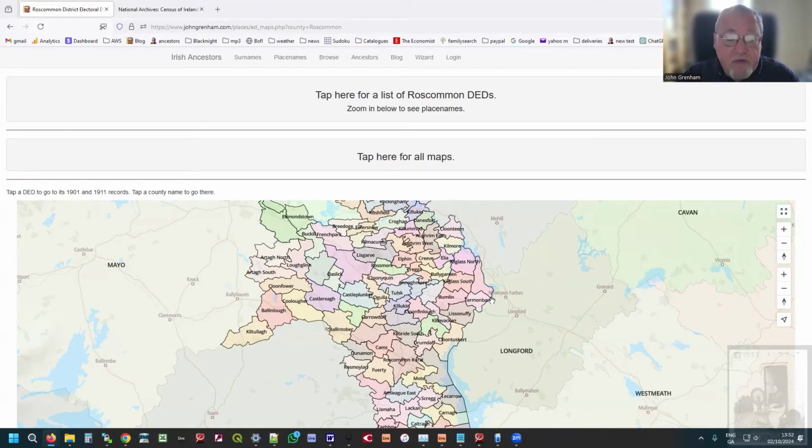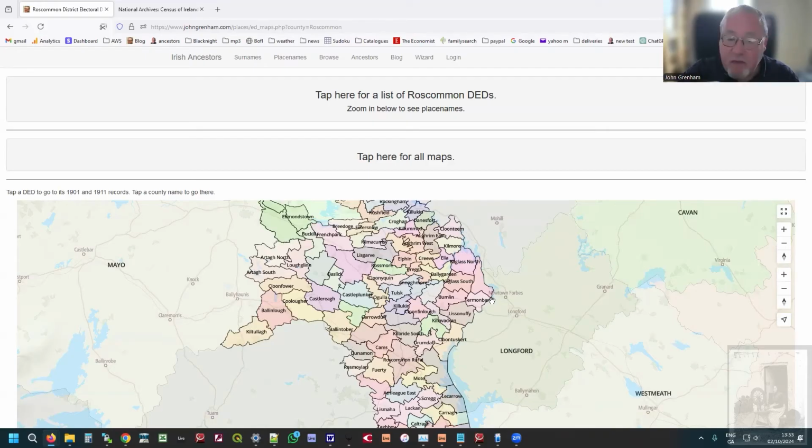The poor law unions were subdivided into district electoral divisions because the poor law unions were electoral areas. They elected board guardians, as they were called, to the boards of guardians of the poor law.